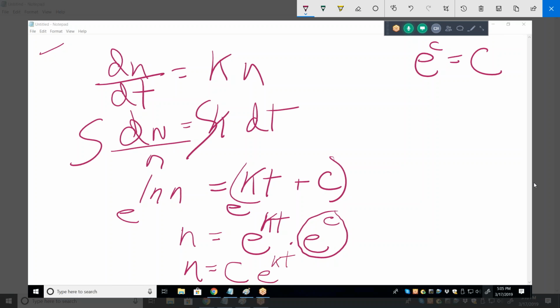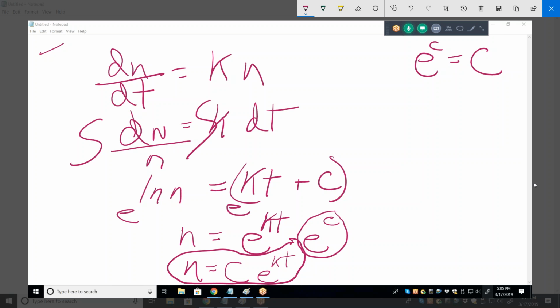And this is what you always get, whether you have growth or decay. The real world operates on this principle that the rate of change of something is directly proportional to the amount that is there. Doesn't matter whether it's uranium-222 or bacteria in a petri dish.